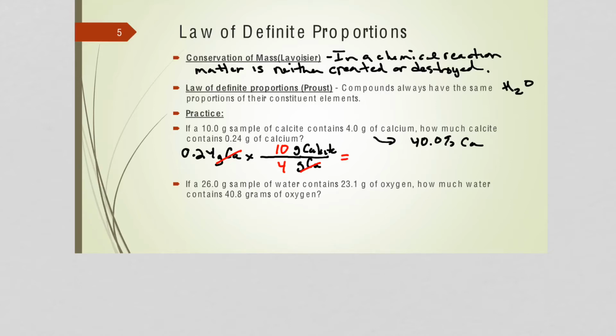So if I simply do this math, I end up with 0.60 grams of calcite would be needed in order to contain 0.24 grams of calcium, or 0.24 grams represents 40% of that 0.6 grams. So this is the fundamental idea behind the law of definite proportions. Sometimes you might hear it called the law of constant composition.